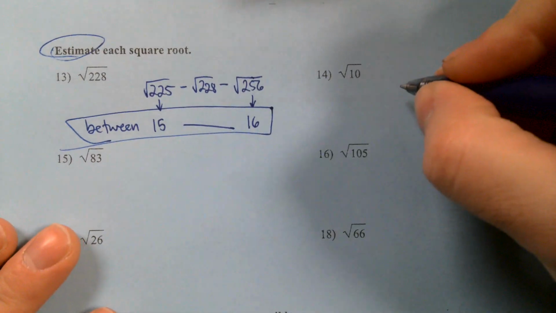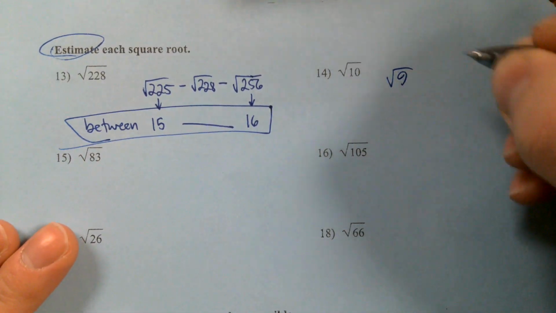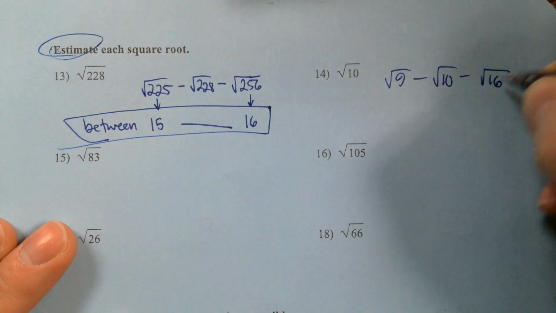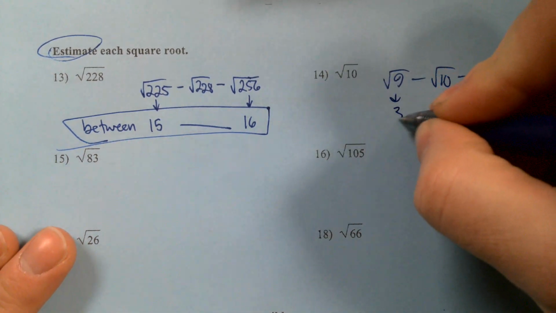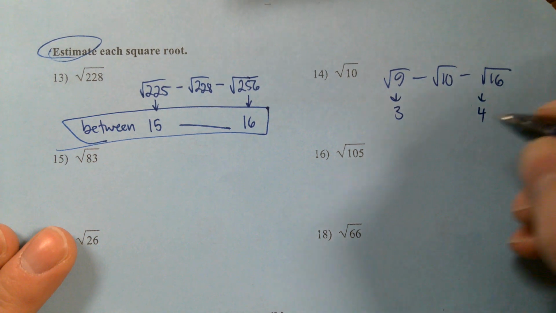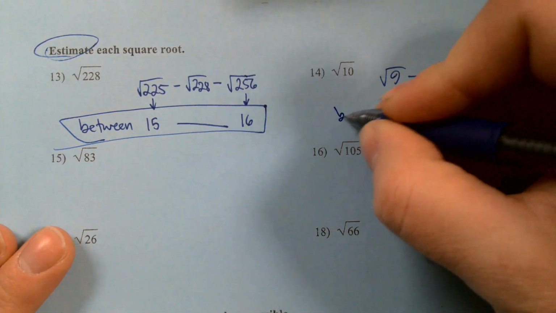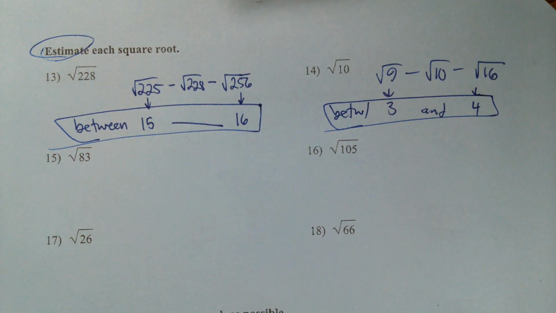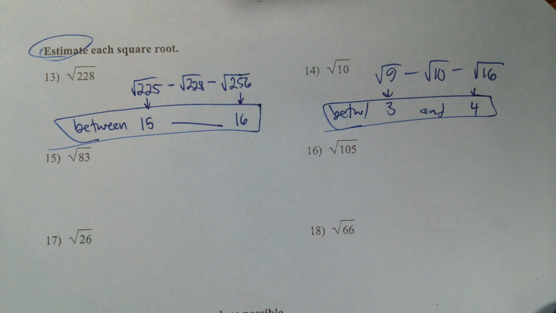Square root of 10. The closest perfect square I can think of is 9. And right after that is going to be 16. So the square root of 10 is going to fall somewhere in between 3 and 4.